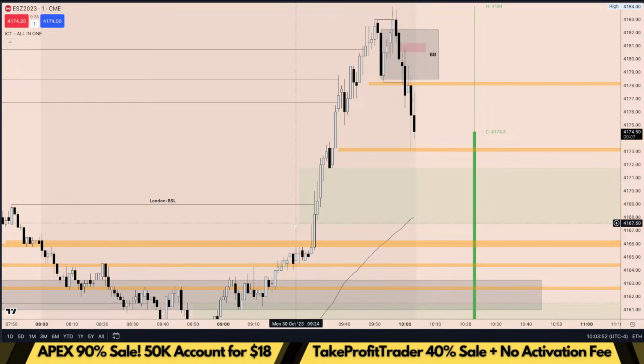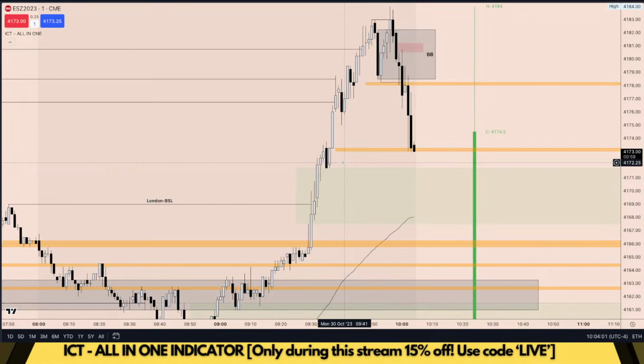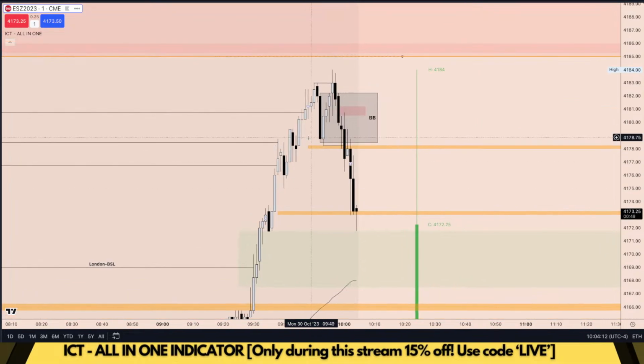You have to understand that we have a higher time frame bullish fair value gap right here, also on the 15-minute time frame. The probability that we're just going to ignore that completely is not 0, but it's also not the probability that we see when we have a nice and clear 15-minute setup like I have shown in my recent video.